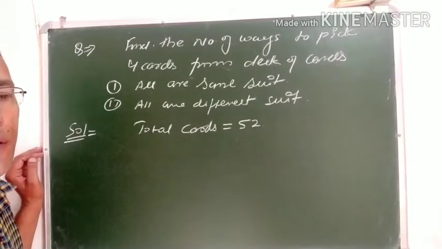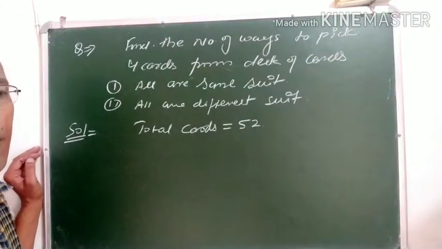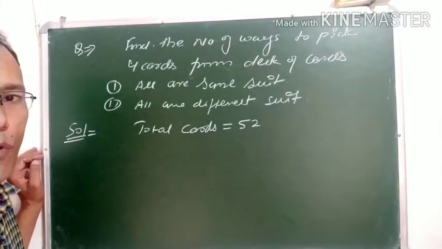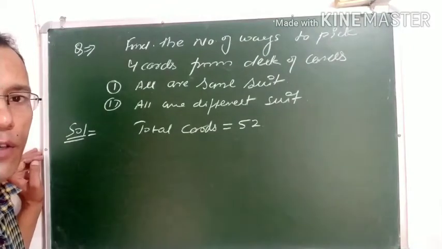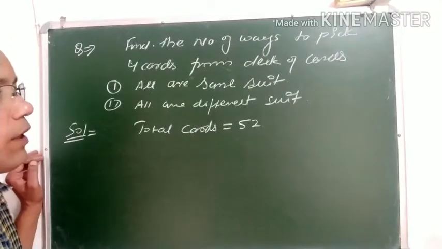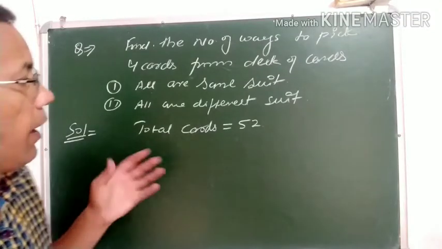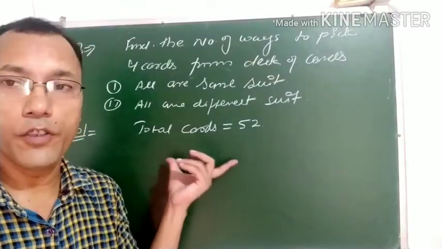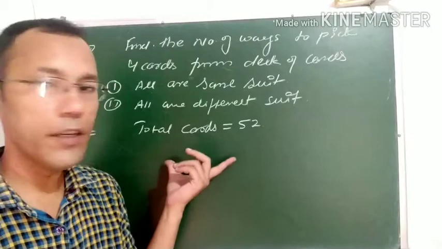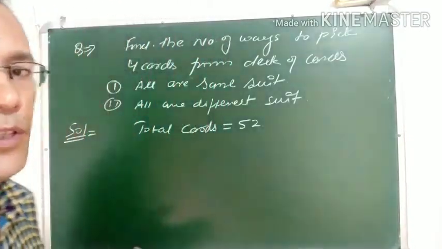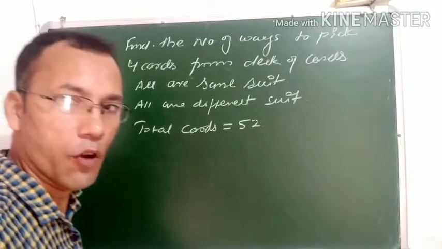It does not matter which cards we pick, whether the ace of spades, any face card, king or queen, any card. The order does not matter, so we will use combinations, because combination is used when the order does not matter.